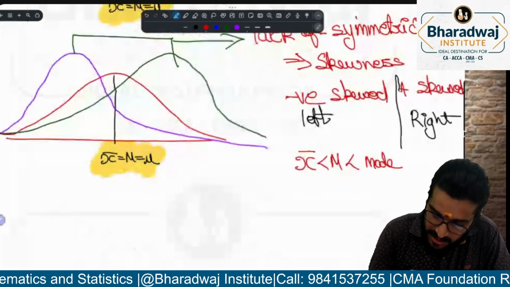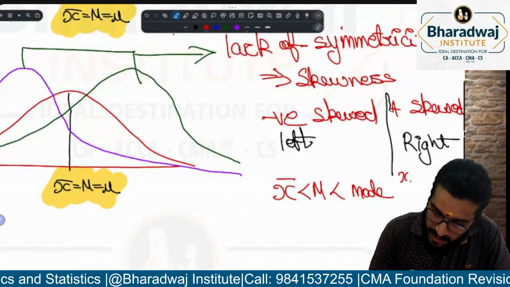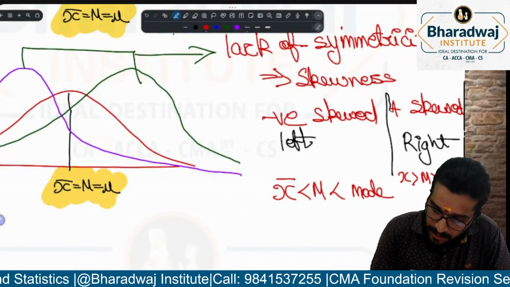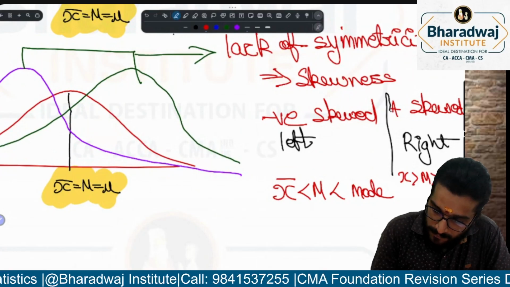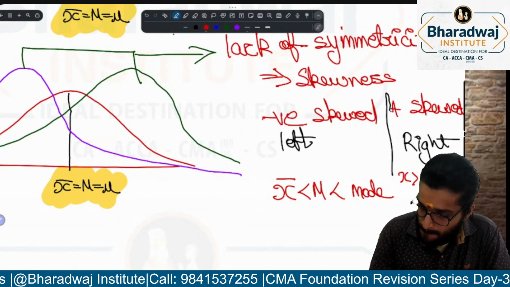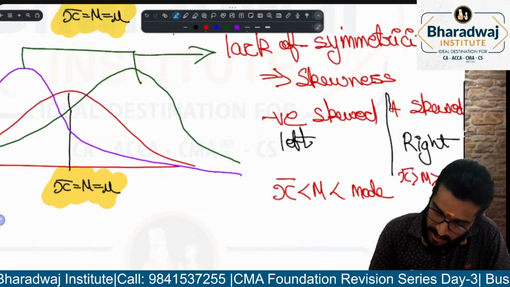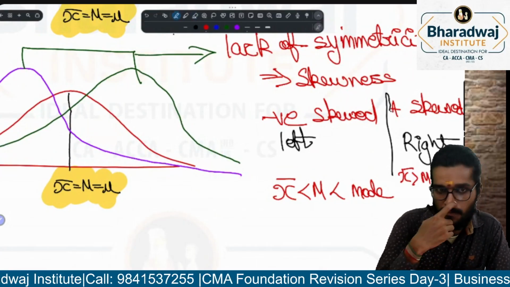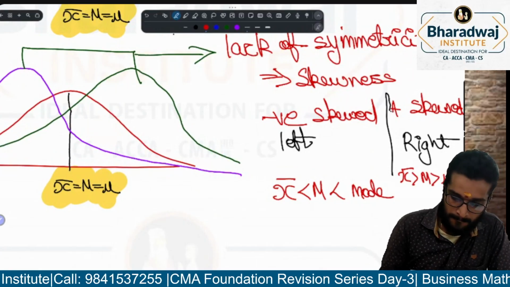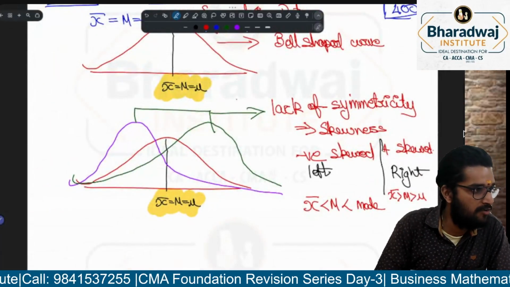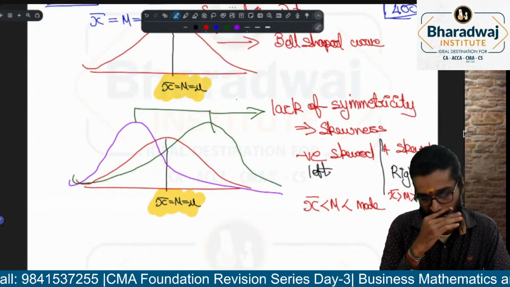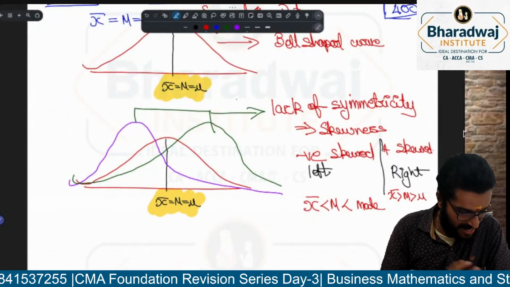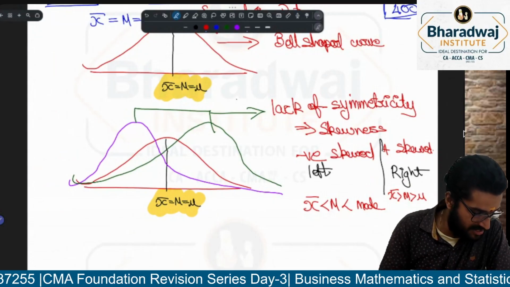In a positively skewed data, mean will be greater than median, will be greater than mode. These are the properties of skewness. A positively skewed data will be shifted towards the right and a negatively skewed data will be shifted towards the left.